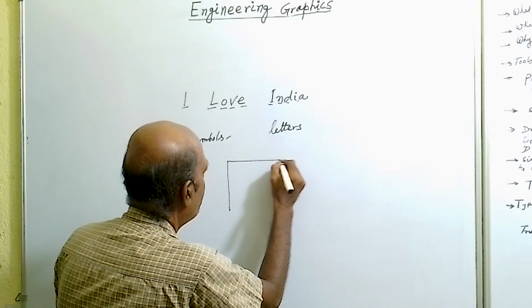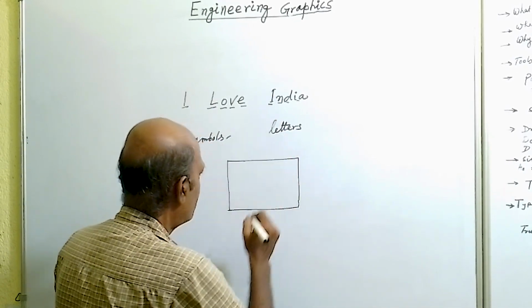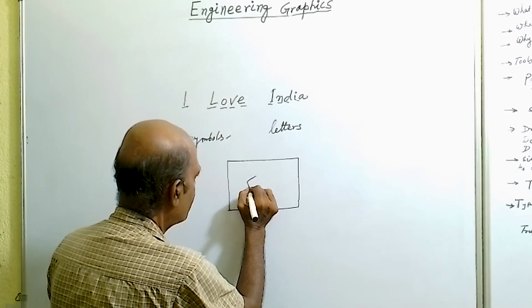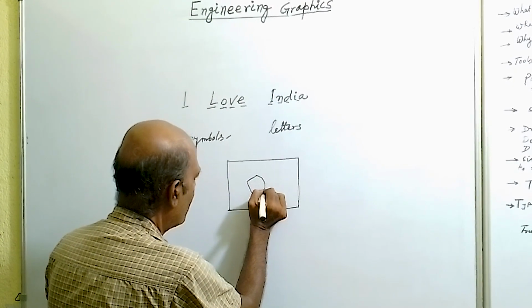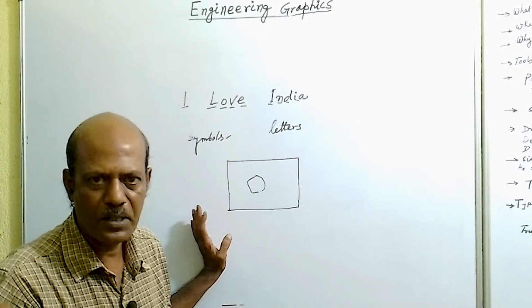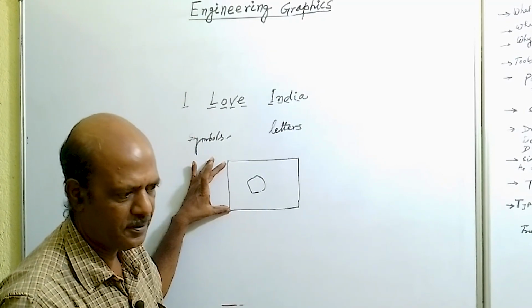So similar way, in a sheet of paper, if we draw something with the help of lines, points, or any curves, so that also means something. So this is called the graphics.